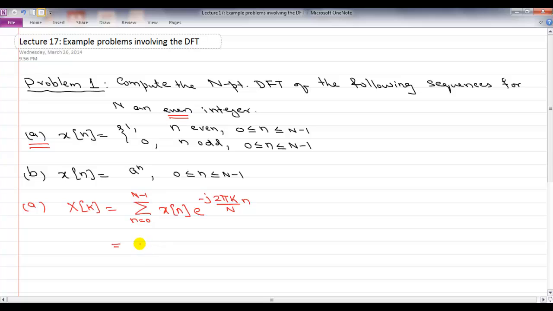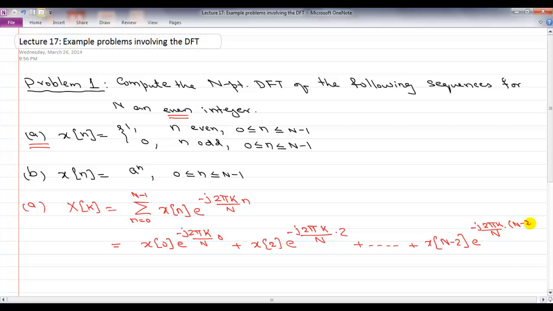So I can write that as x[0] times e to the minus j 2 pi k over N times 0, plus x[2] e to the minus j 2 pi k over N times 2, and this keeps on going, up to x[N-2] e to the minus j 2 pi k over N times (N minus 2).